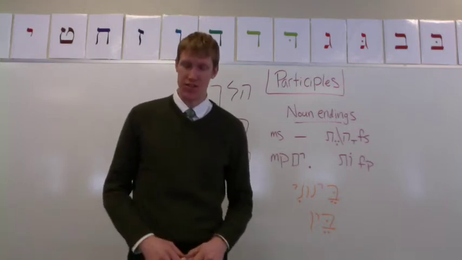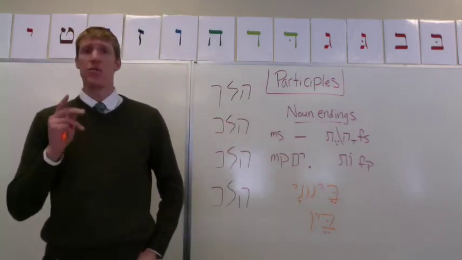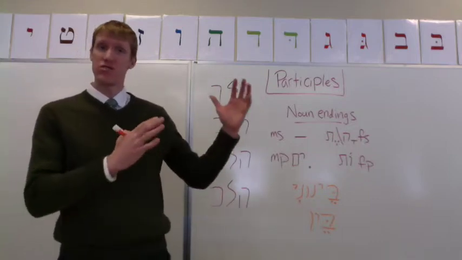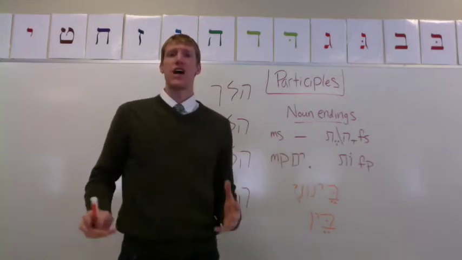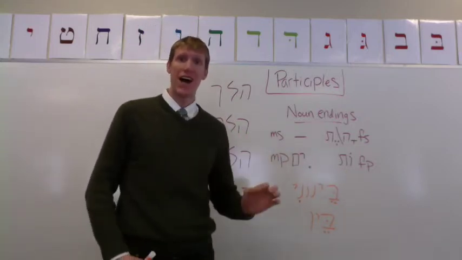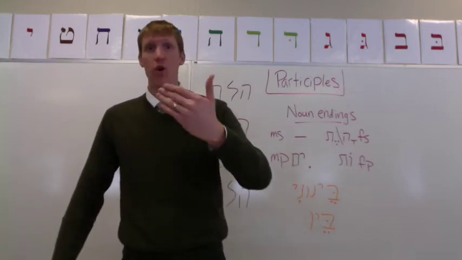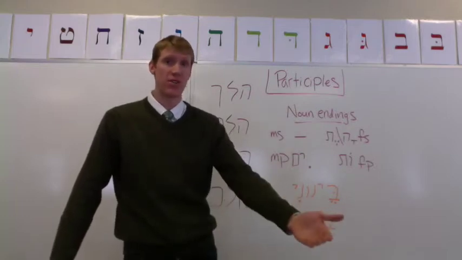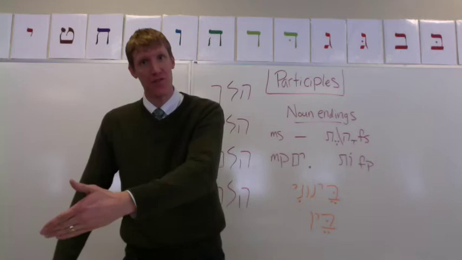It's the same with participles. However, one thing that's different for participles, because they're not only a verb, but also have this adjectival function, is that the endings on participles are not verb endings. So for instance, you won't find an affix on a participle, because affixes only go on affix forms, perfect forms.